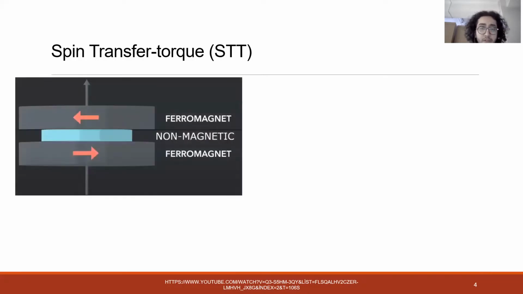We need a three-layer sandwich structure which consists of two ferromagnets and a non-magnetic layer in a certain order. The ferromagnet at the bottom should have a fixed magnetization, while the other ferromagnet has free magnetization.